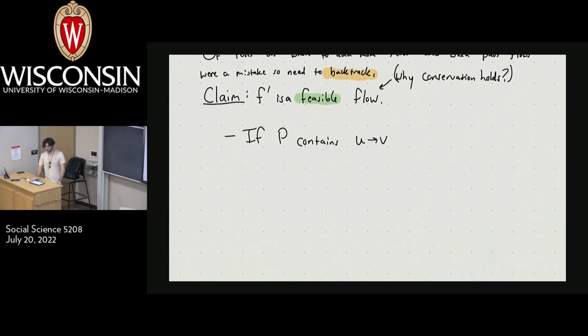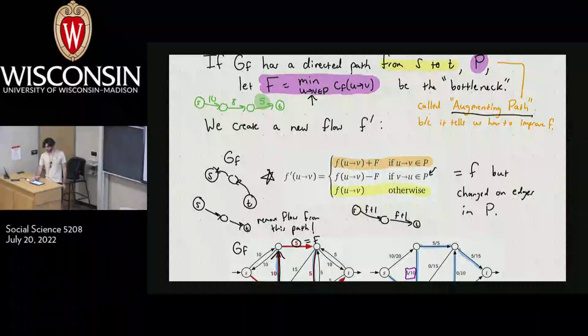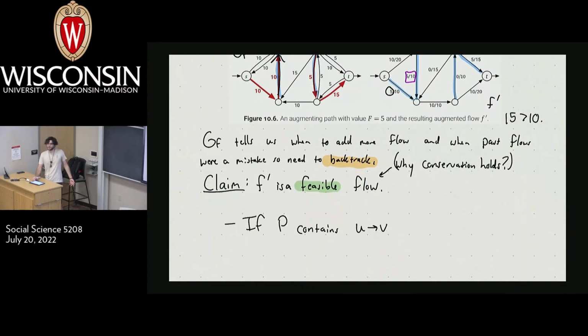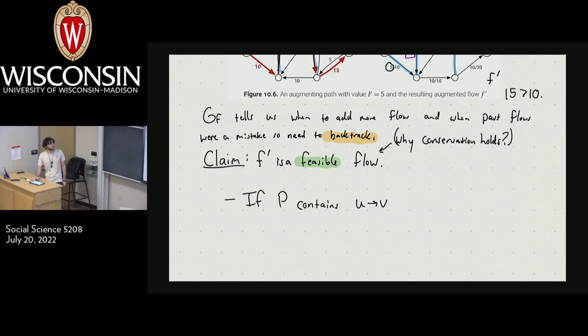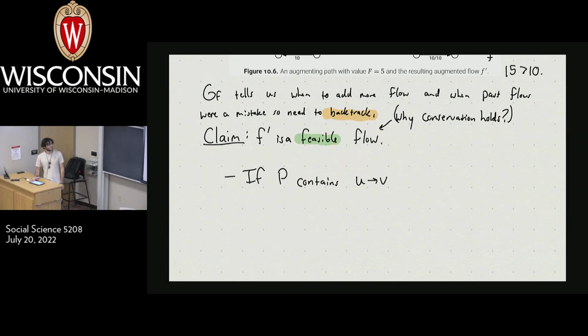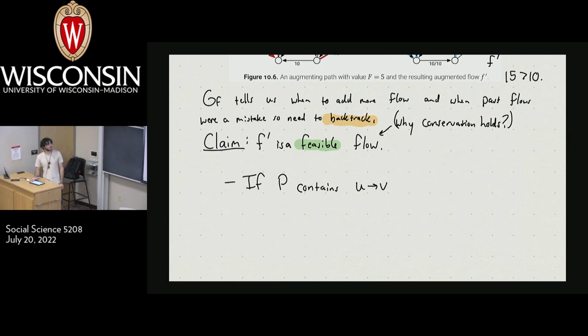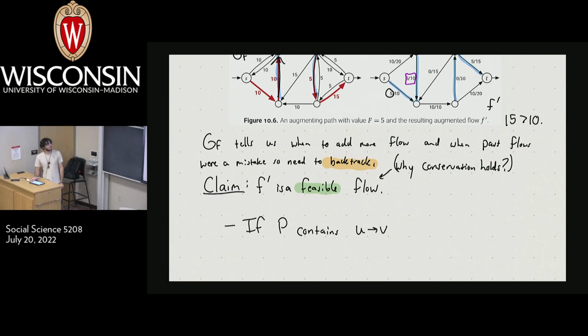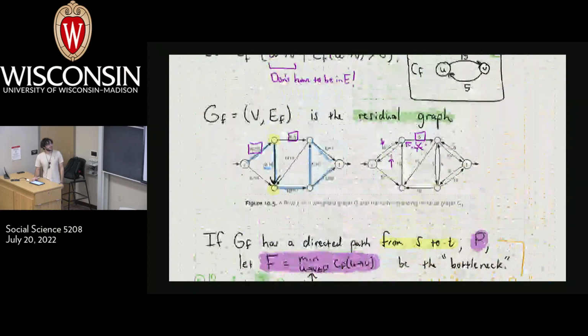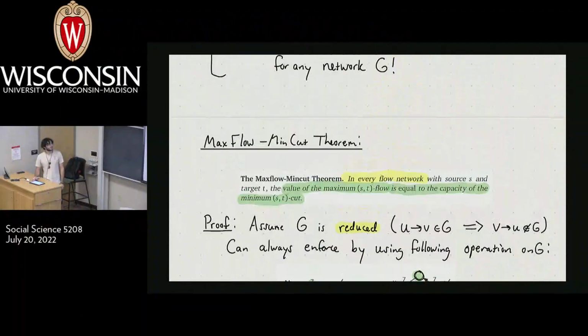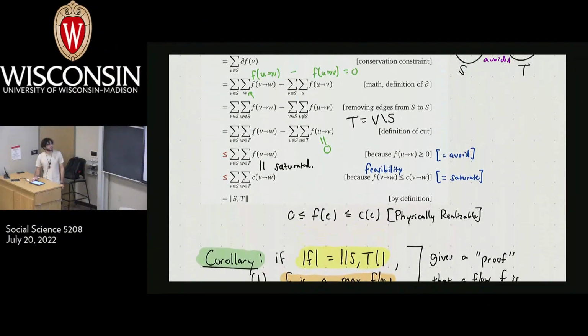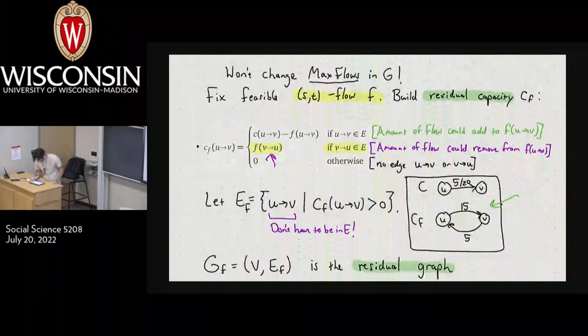Okay, so we have this cool F prime here. It seems to be better than our flow F, but is it even a flow? Is it even feasible? So the reason it's a flow, which means conservation holds, I'm going to let that be an exercise. You should all think about why that's true. But the idea is kind of what I indicated before, which was if you just add a path. Where did I do that?